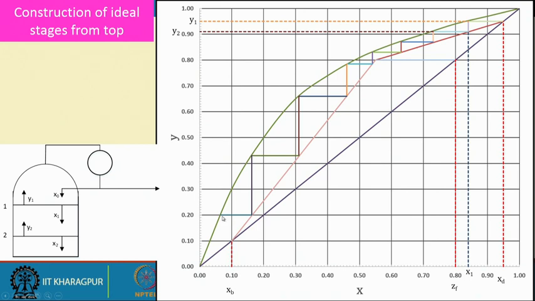Now here we stop our construction. What we find is that the horizontal line is crossing the required bottoms composition. That means we do not need a full stage. Please understand that a stage can be a fraction, it need not be a whole number.